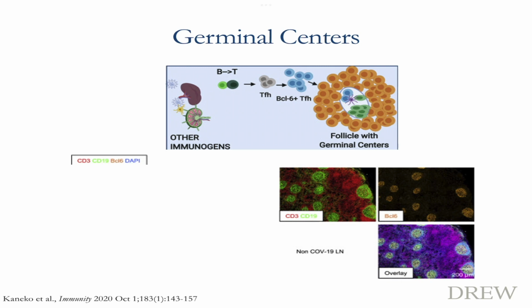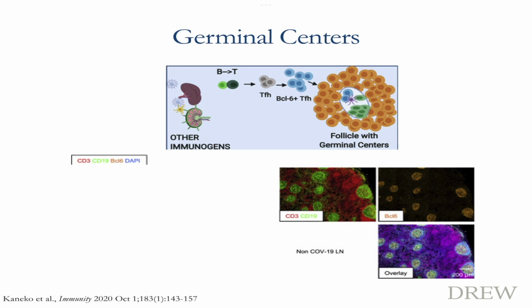And so you can see B cells with CD19. You can see T cells. You can see BCL6 showing us the follicular helpers. And you can see this beautiful germinal center. BCL6 is also labeling some of our B cells. And so you can see these beautiful germinal centers. And this is what germinal centers look like.